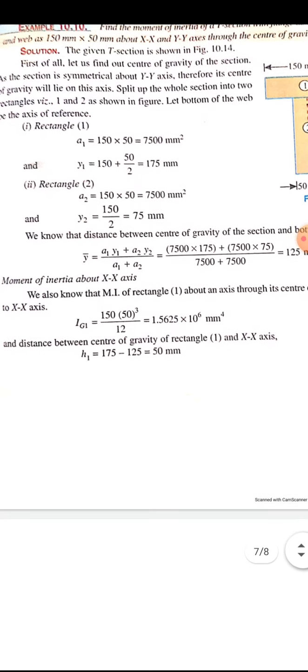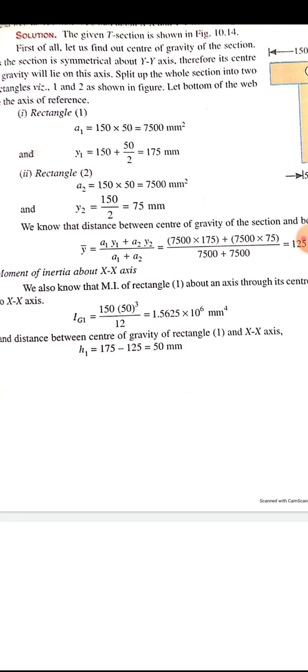Next part is moment of inertia. Just learn it.